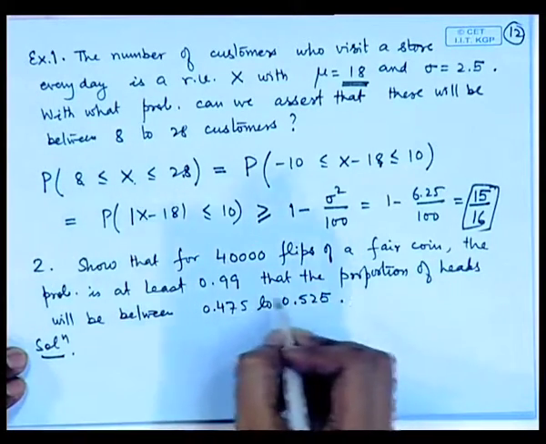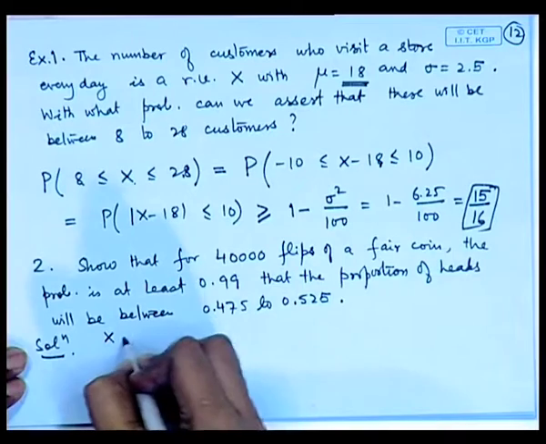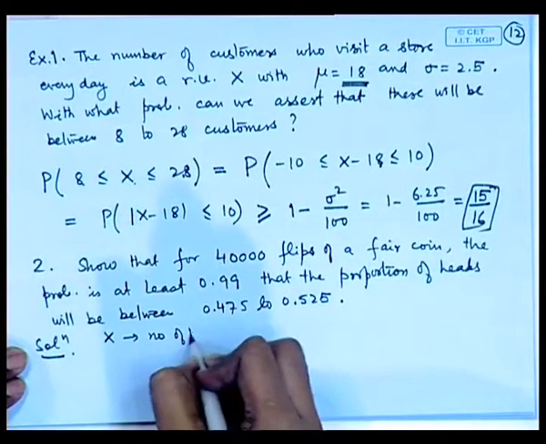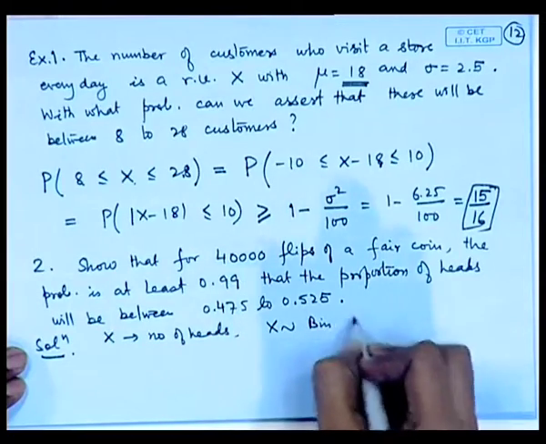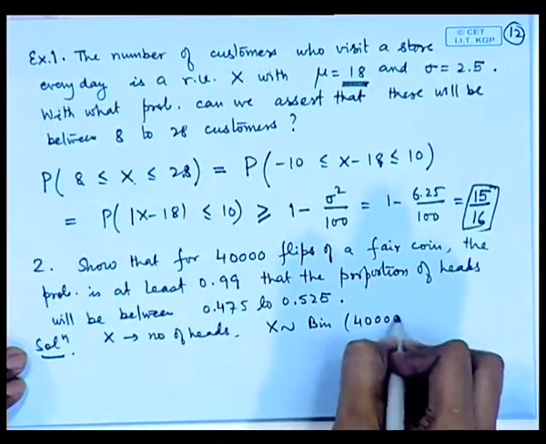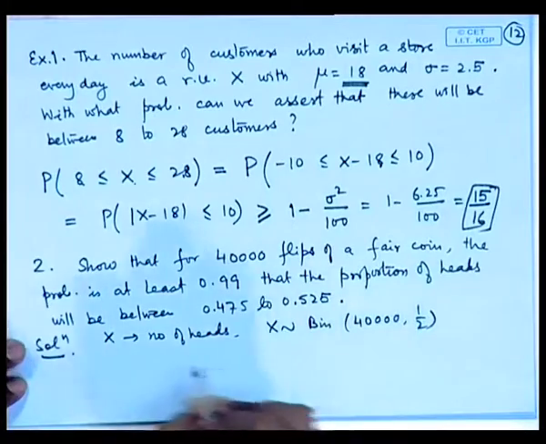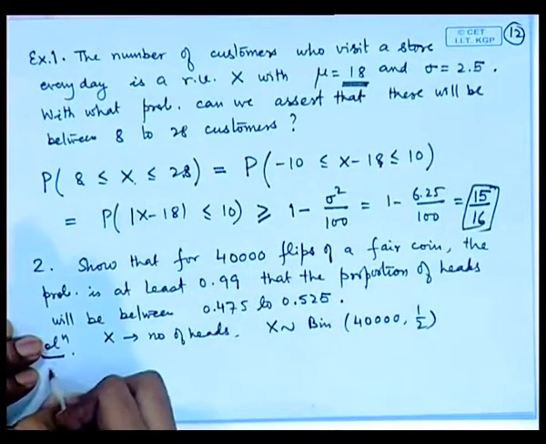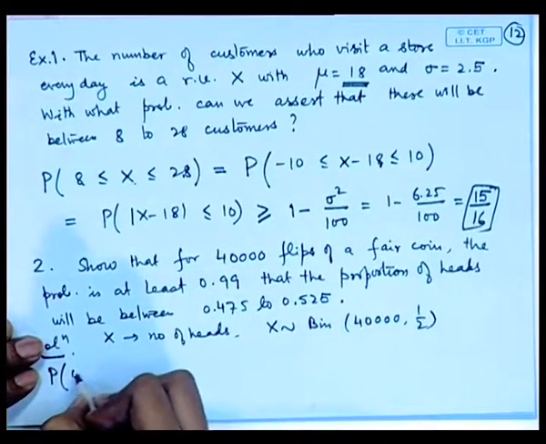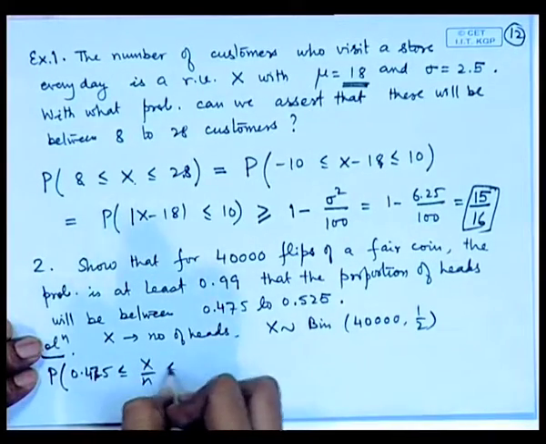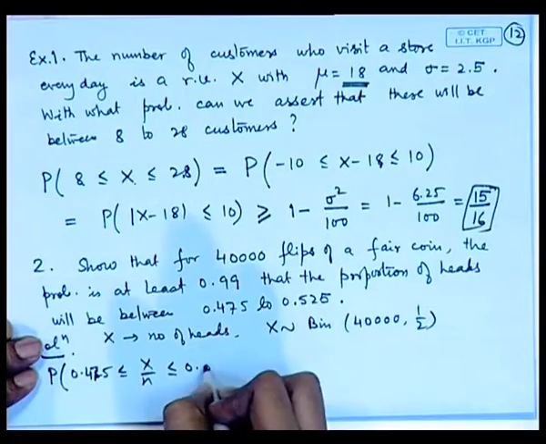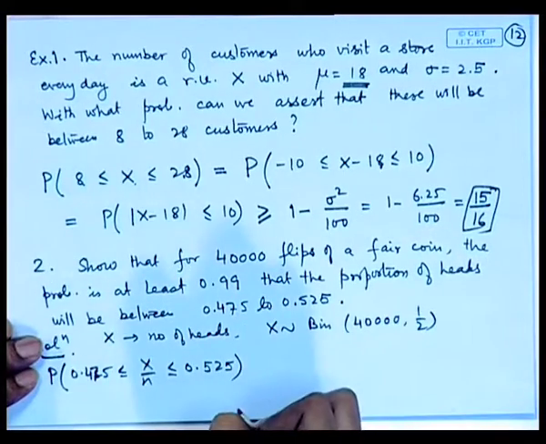So, here if we consider x to be the number of heads, then x follows binomial 40,000 and half. We are interested in probability of x by n lying between 0.475 to 0.525.